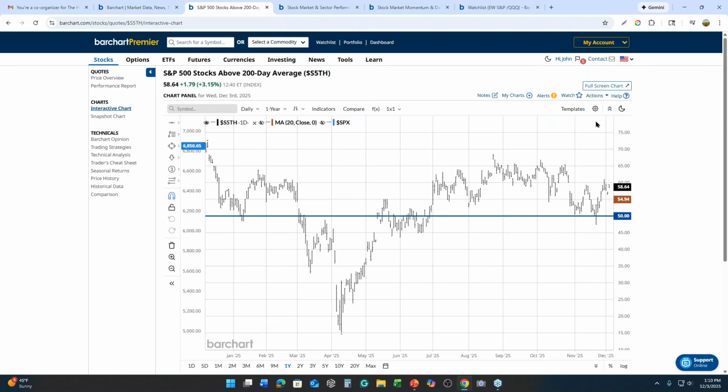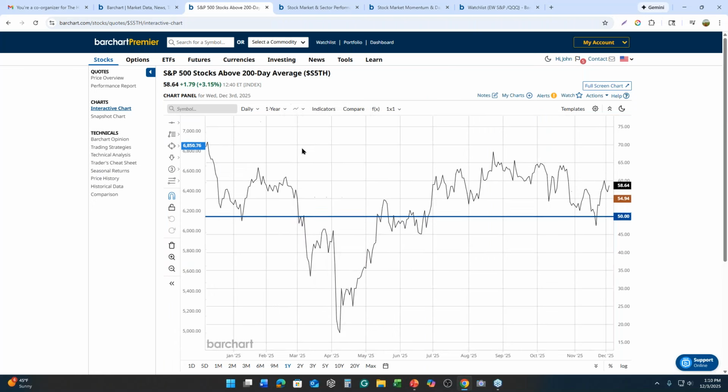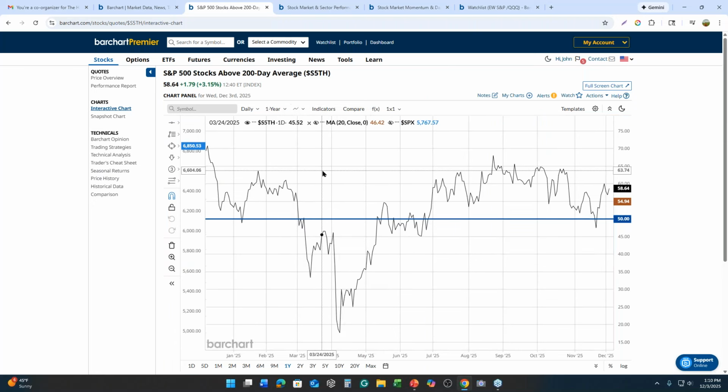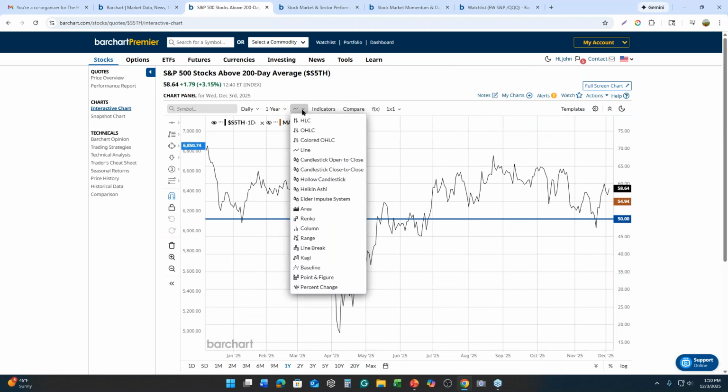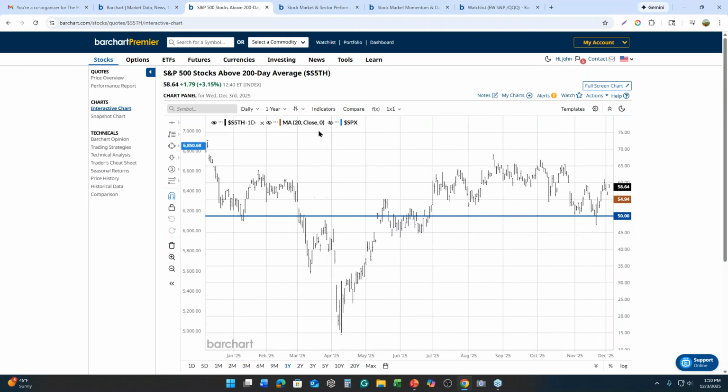A little trick here is to change that to a line chart, which will connect all the dots and make it a lot easier to visualize. But this one's okay with the open, high, low, close for now.